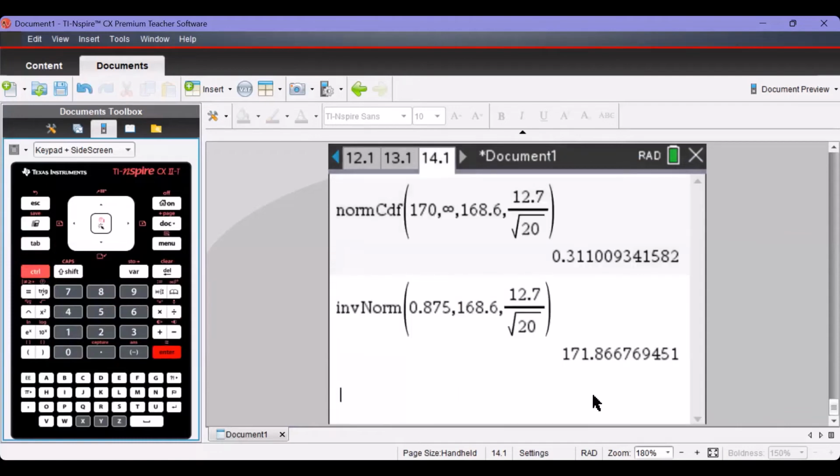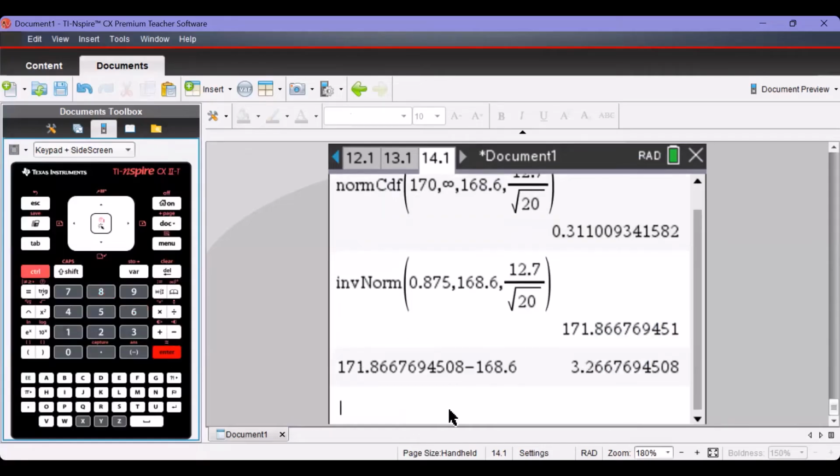And so we get a value, which we can equate to 168.6 plus h, of 171.86, etc. So therefore, if we go up and grab that answer and then subtract from it 168.6, press enter, we can determine that the value of h, correct to 2 decimal places, is 3.27.